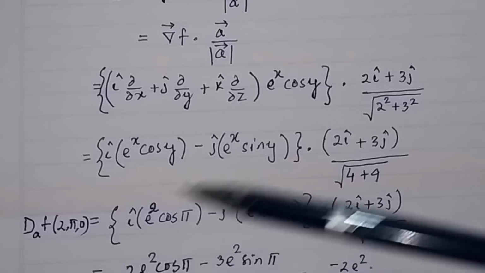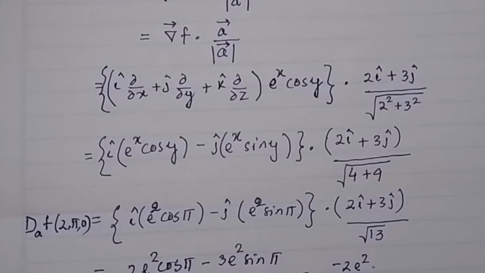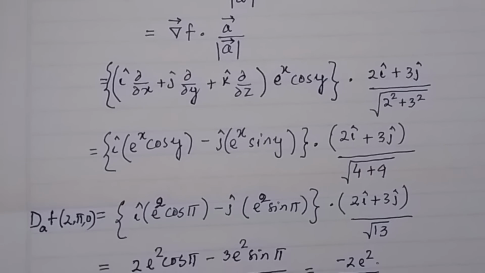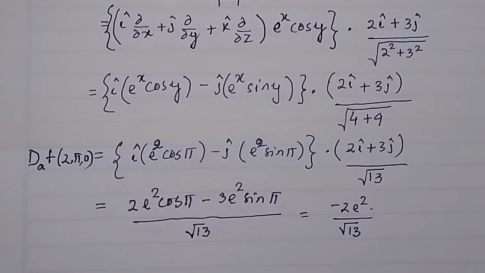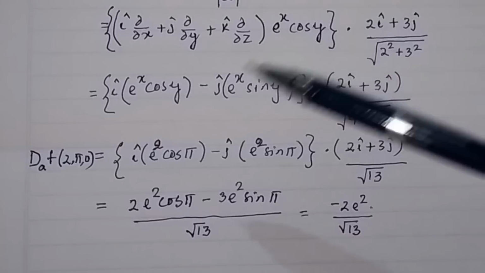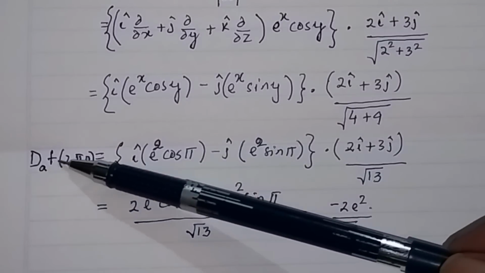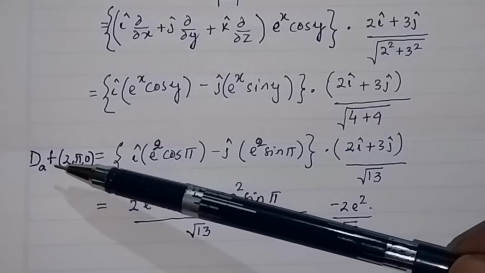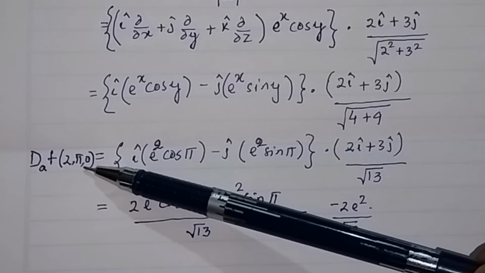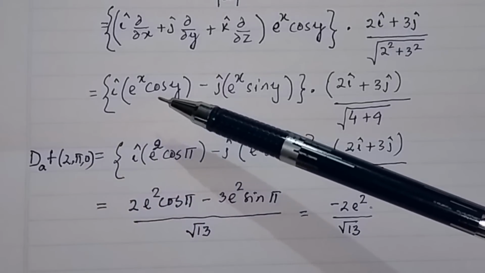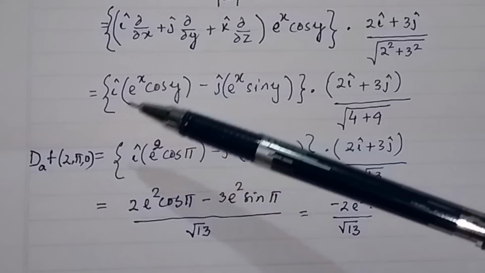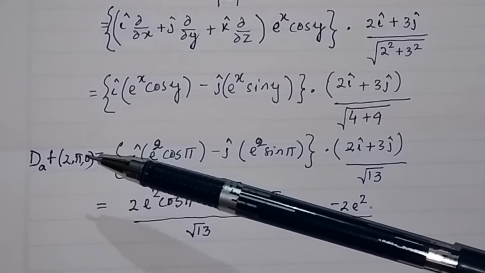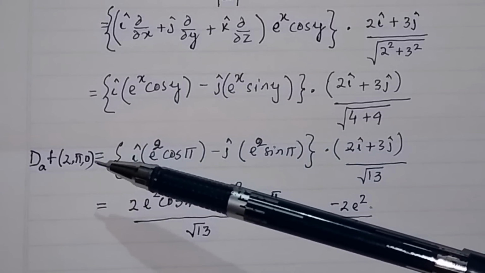Now let us solve it. It is given to find the directional derivative of the scalar function at the point (2, pi, 0). So we have to find the directional derivative of the scalar function f along the vector a at the point (2, pi, 0). That means you substitute x equal to 2, y equal to pi, and z equal to 0.